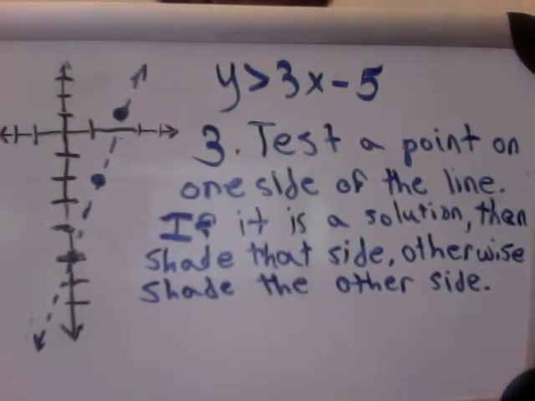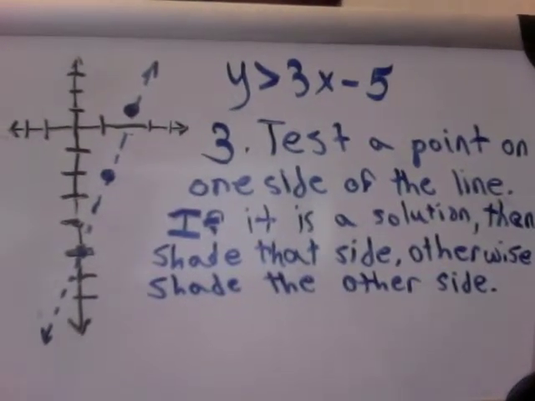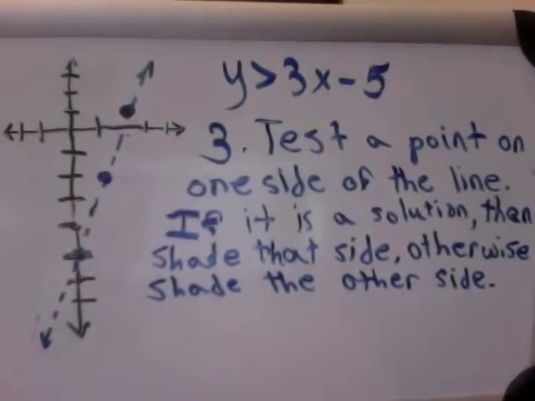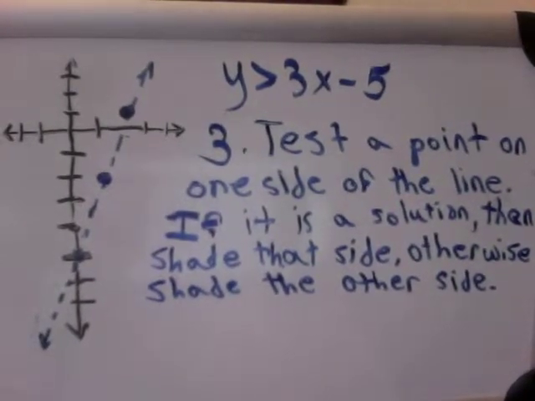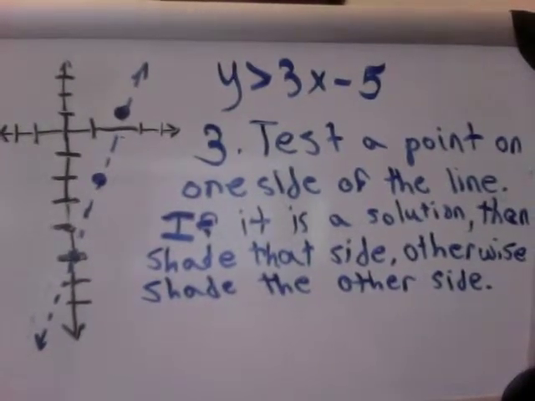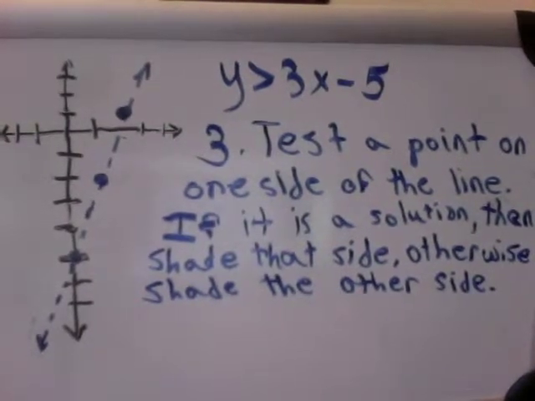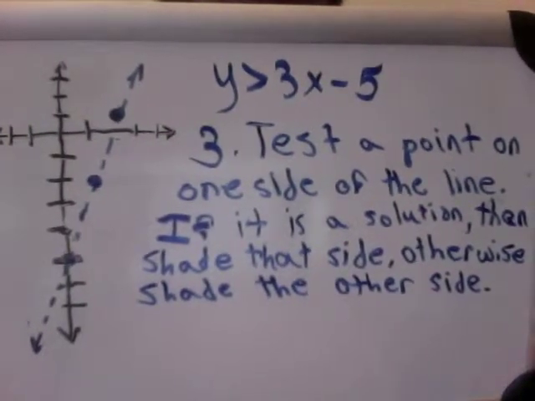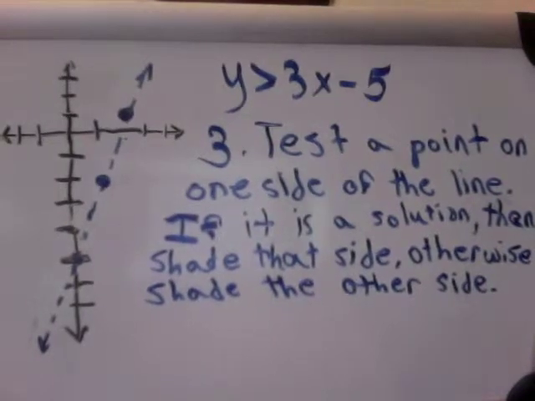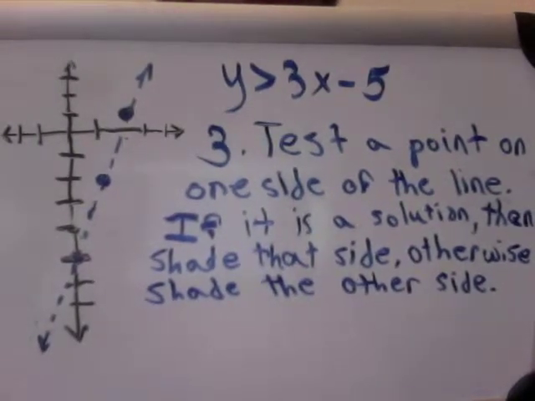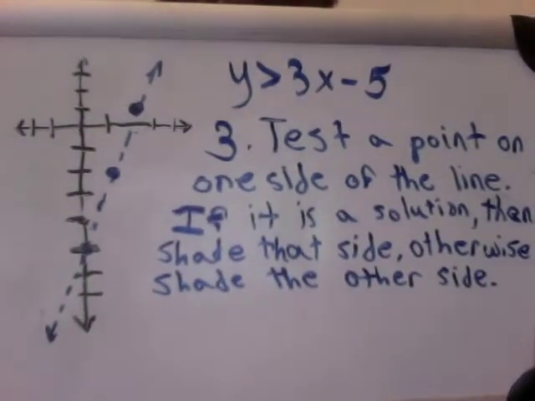Our third and final step in graphing a linear inequality is to determine which side of the line to shade. In order to do this, we will test a point on one side of the line. If it is a solution to the inequality, then we shade the side that the point is on. Otherwise, we shade the other side.